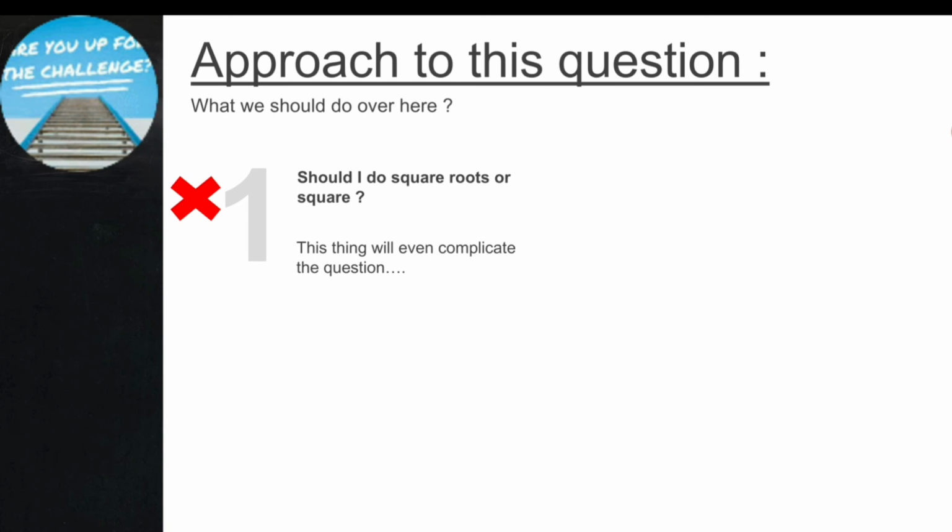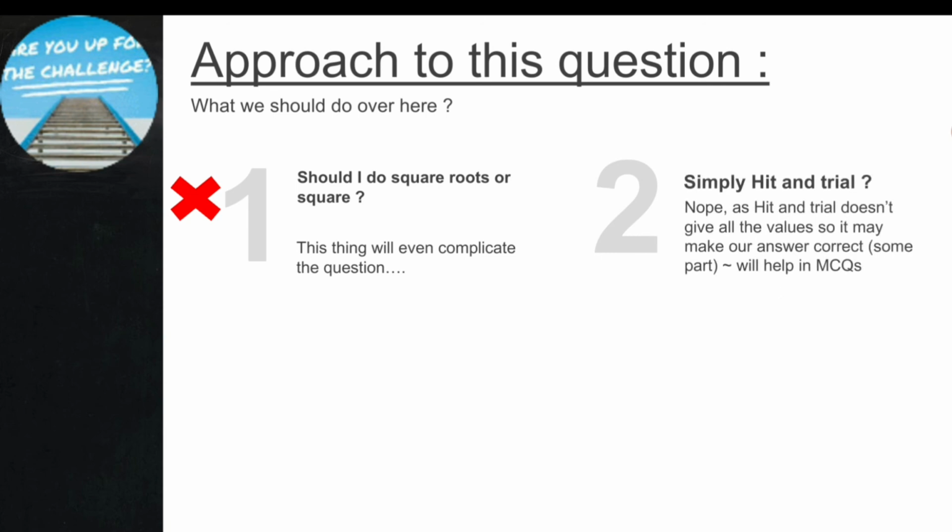The next thing is simply hit and try. No, because hit and try doesn't give all the values. It may give one or two answers, but not the complete answer, and we are not sure of the answer either.